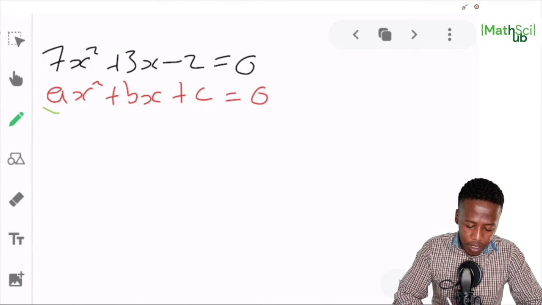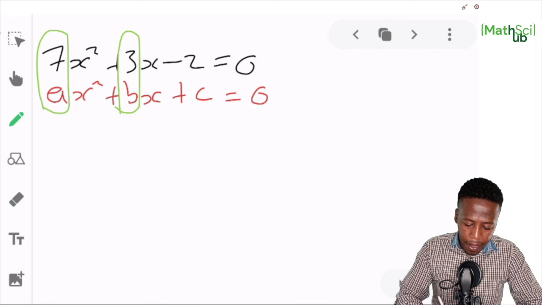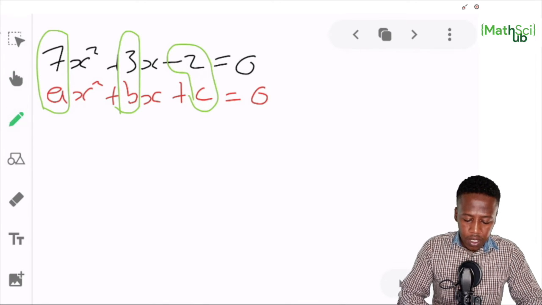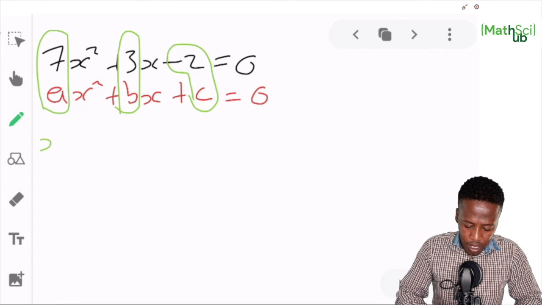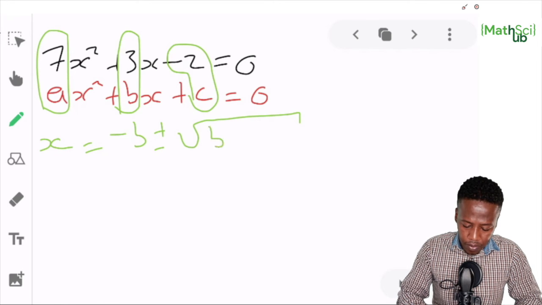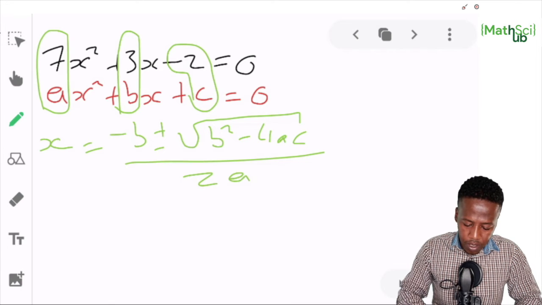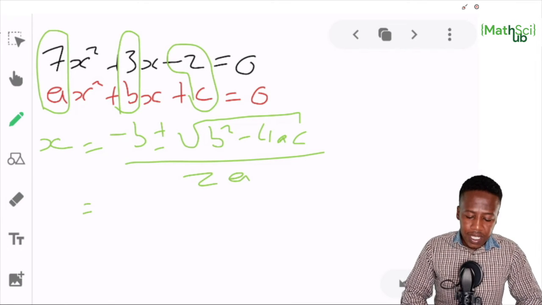Identify your a, identify your b, identify your c, and then you can rewrite your quadratic formula, which is x equals minus b plus or minus the square root of b squared minus 4ac all over 2a. Now from this point on is straight substitution.